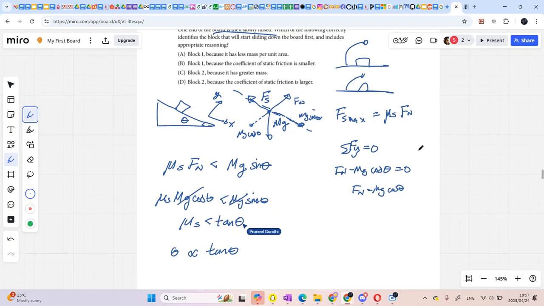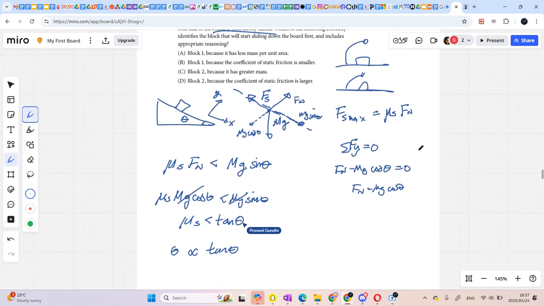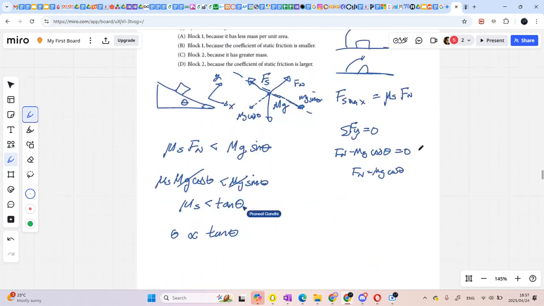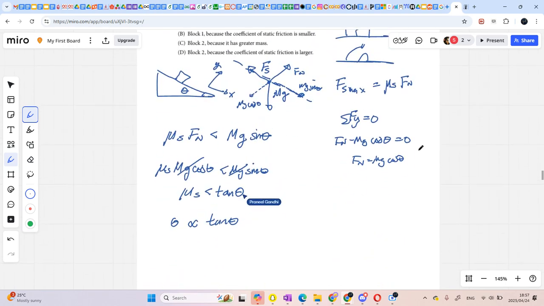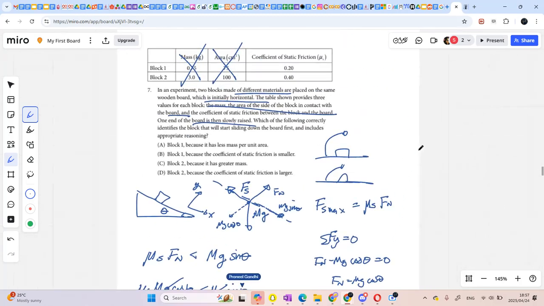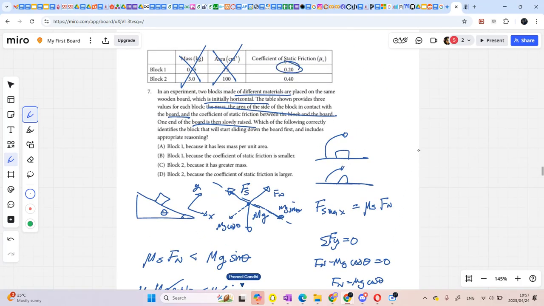And that is going to be the object that has a lower threshold for friction. The lower threshold for friction is going to belong to the object that has the lower coefficient of friction, which in this case is block 1. It has a coefficient of static friction of 0.20. So in this case, our answer is B. Block 1 is going to start sliding first because the coefficient of static friction is smaller.